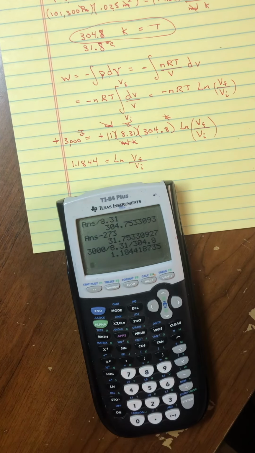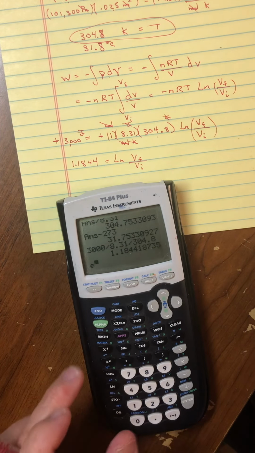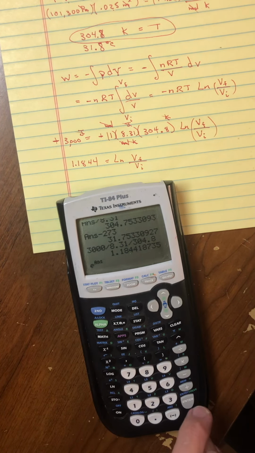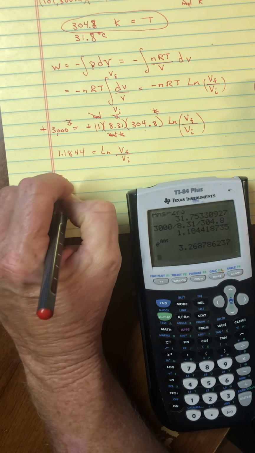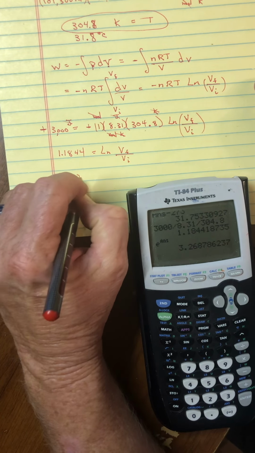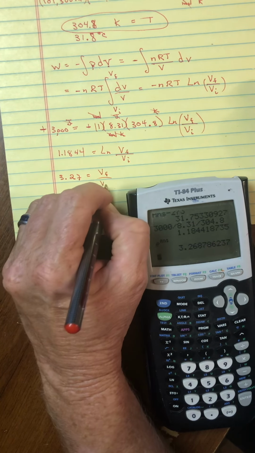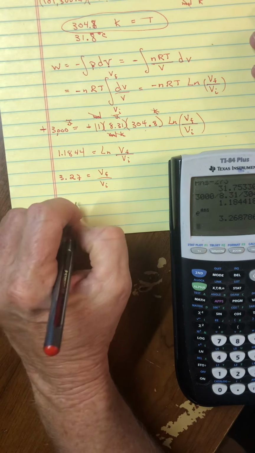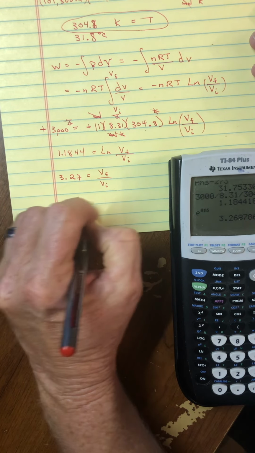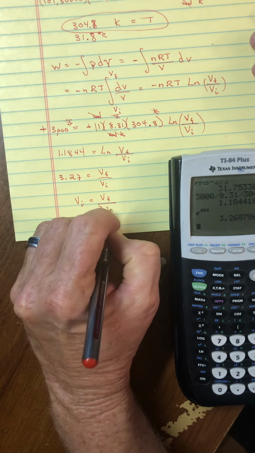And now, getting rid of the natural log by raising it to a power of e, I get 3.27 as the ratio of the final volume to the initial. Or putting it another way, the initial is actually the final volume divided by 3.27.